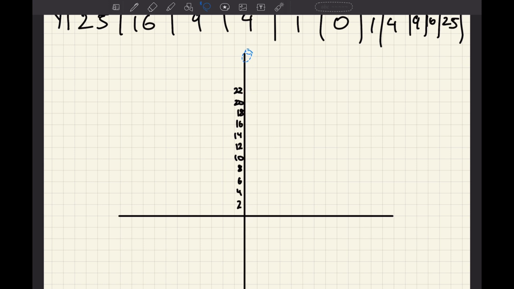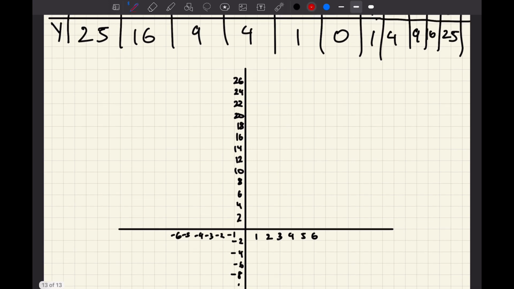Let's just drag this up a little bit. There we go. Then on this axis, we'll go -2, -4, -6, -8. But it doesn't really matter down here. On the x-axis, we'll go 1, 2, 3, 4, 5, 6, and -2, -3, -4, -5, -6.